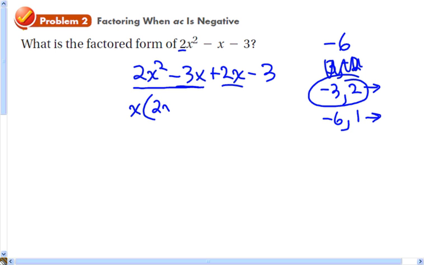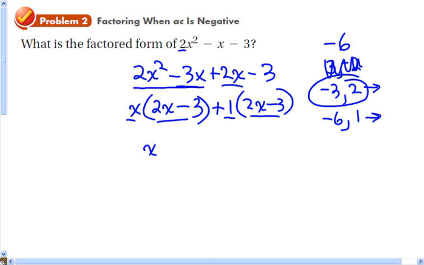And so we get x times 2x, and then x times 3. And then for 2x minus 3, the greatest common factor there is 1, so we'll factor that out. And we get 2x minus 3. And you can see that we have a common factor here of 2x minus 3. So that's one of our factors, and our other factor is x plus 1. All right, go ahead, you try that.